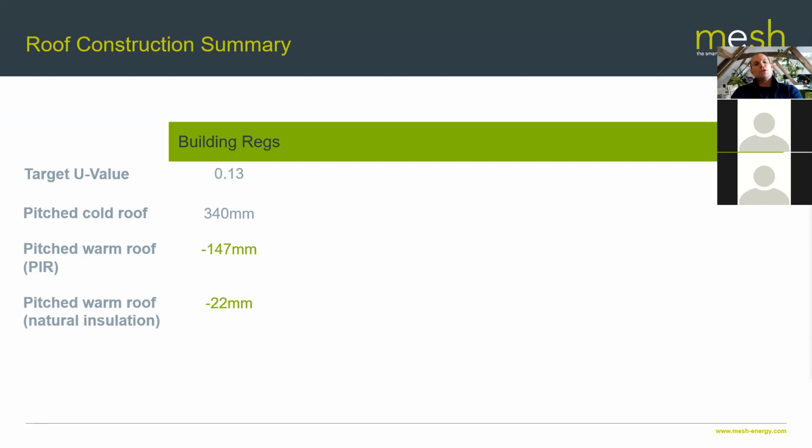And if you go that route but use natural insulation products, you can reduce, compared to the pitch cold roof, the buildup by 22 millimeters. So there's a big jump here between PIR and natural materials. That's where we start with today's building regulations.